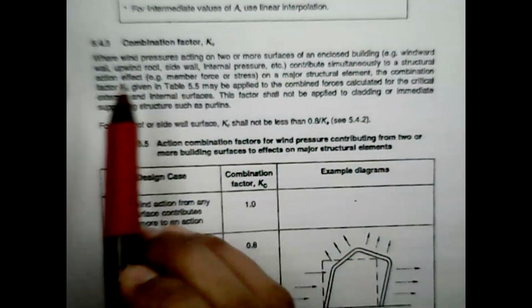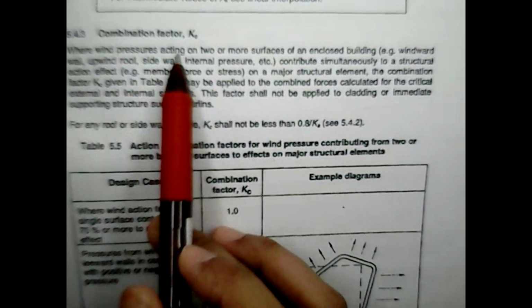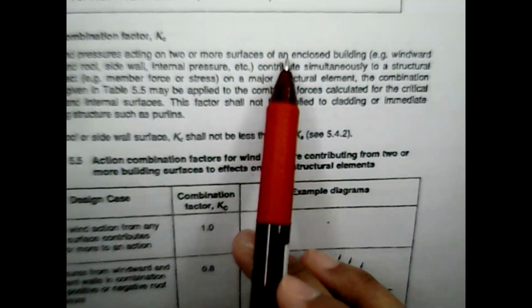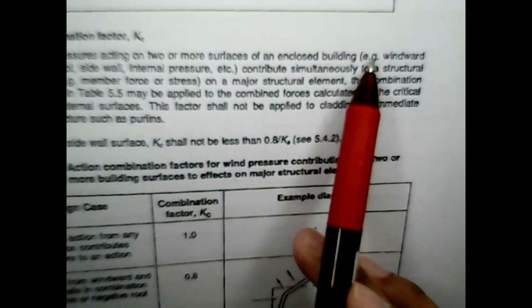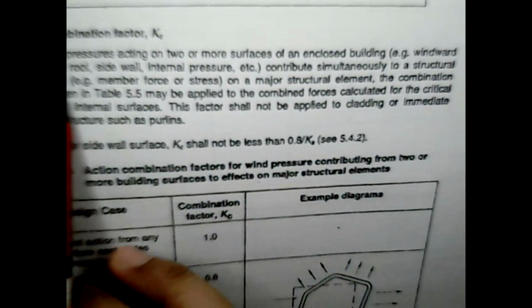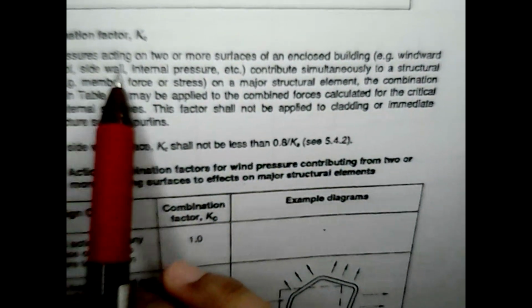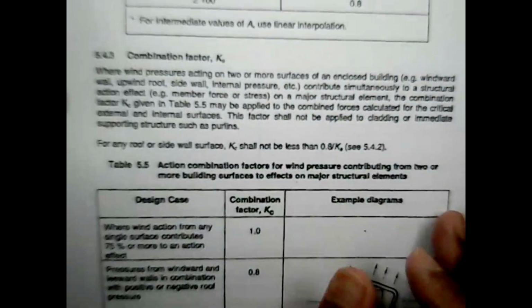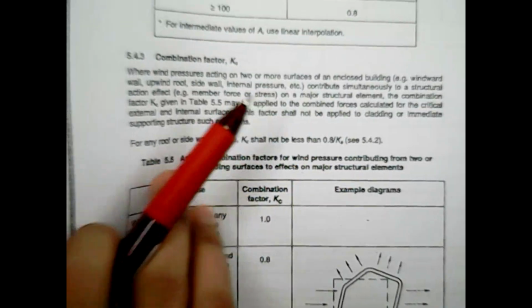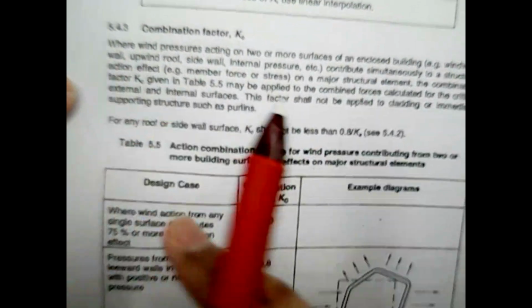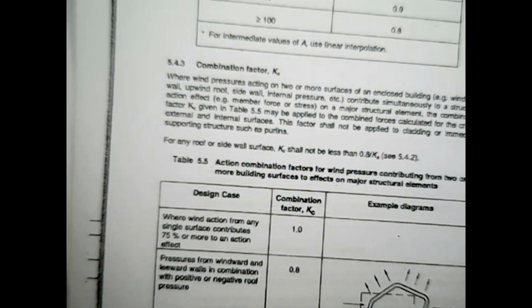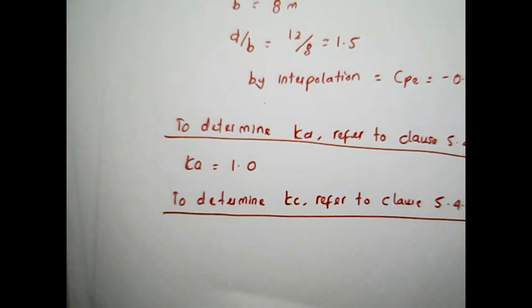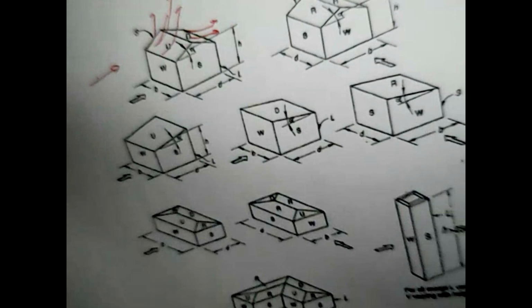In this case, where wind pressure is acting on two or more surfaces on an enclosed building, that is windward wall, upwind roof, side wall, internal pressure, and etc. Meaning that if your wind pressure has different angles and so on. For instance, if you look at the figures earlier, you can see these figures.